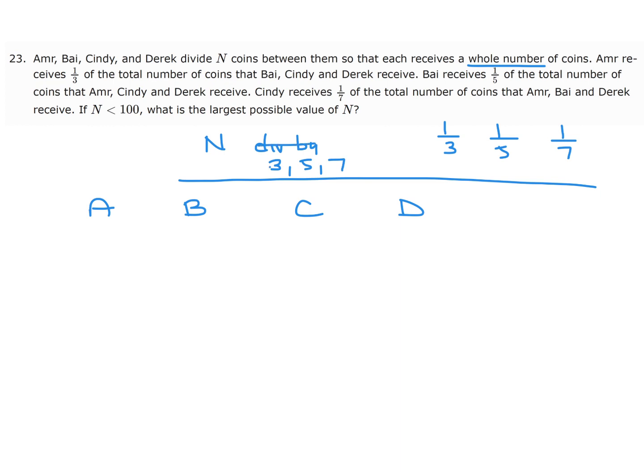So I don't know. Let's try it. So the first sentence is that Amir receives 1/3 of the total number of coins of B, C, and D, right? So if the number of coins is n, that has to be equal to everything. So let's see here. What will we get from the first sentence?